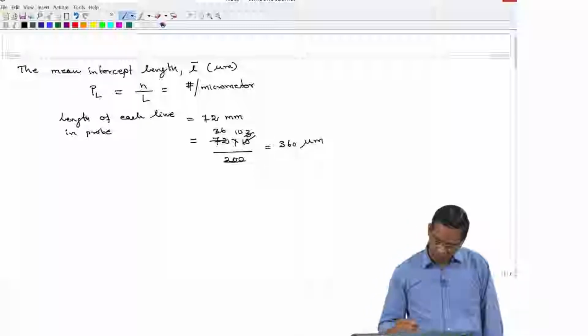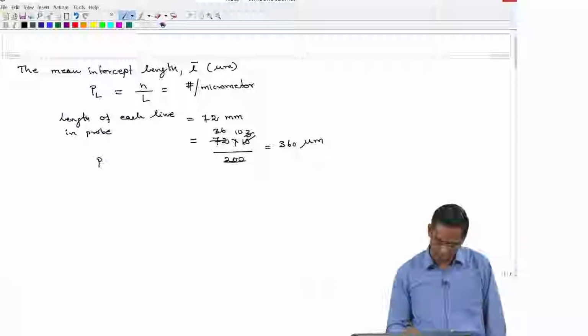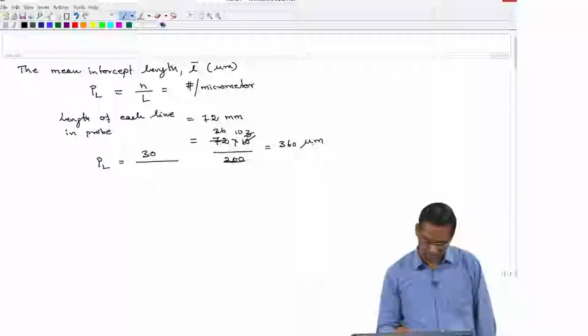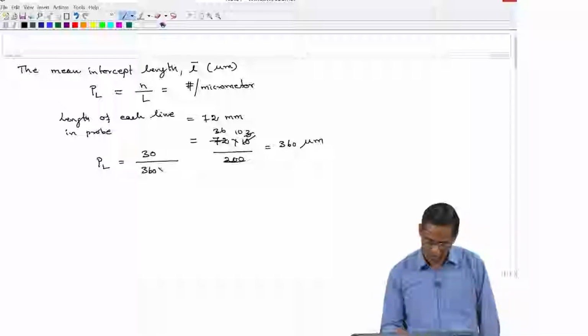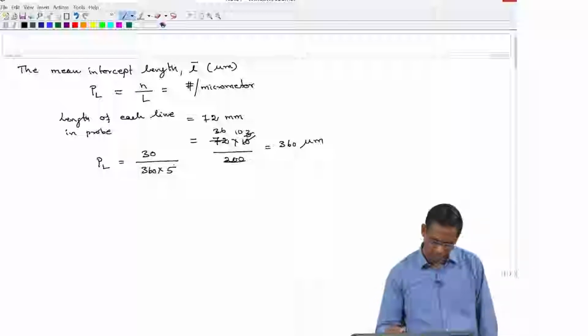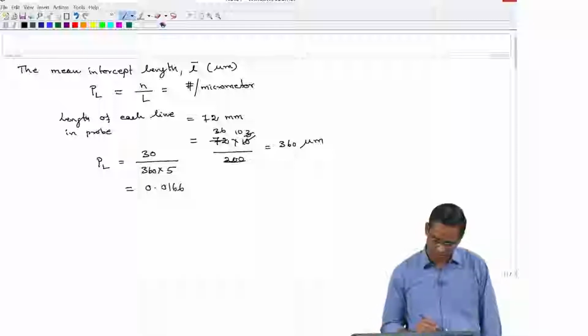If you substitute this into the formula, for example, the first count I have made in the exercise is 30. Suppose I take that value, and each line length is 360, so 360 into 5 lines. I will get the PL value equal to 0.0166.